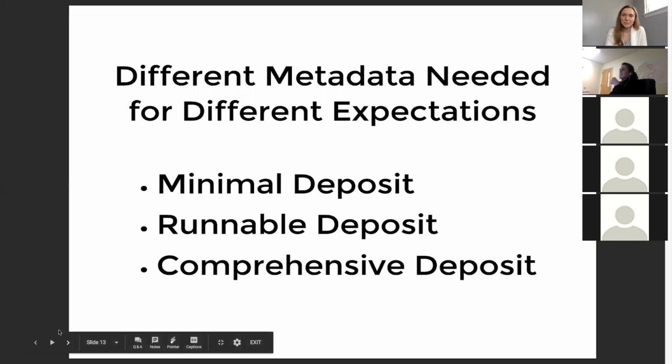Again, I didn't think we'd actually have much time to talk. But the real take-home that I'm hoping people take from this is that you have to figure out, if you're accepting Jupyter Notebooks, to what degree you are capable of providing schemas in your repositories that accommodate these different degrees of metadata and these different expectations.